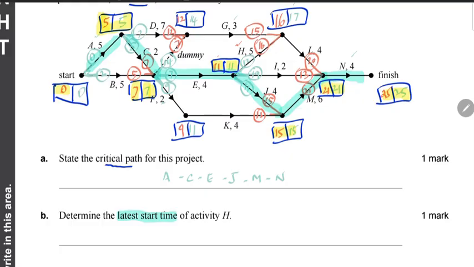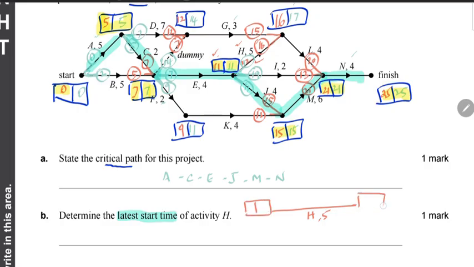Now what I usually do is I look at the earliest starting time and the backward scan value, which is 17 take away 5 is 12 over here, okay, and I subtract the 2 and I get 1.